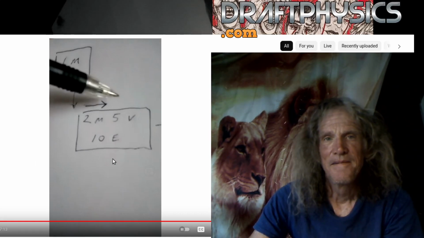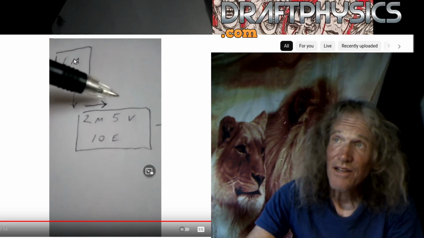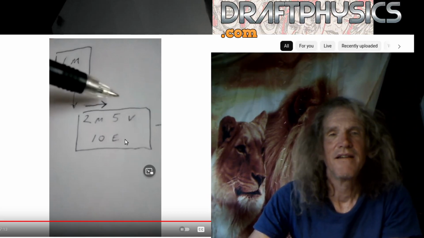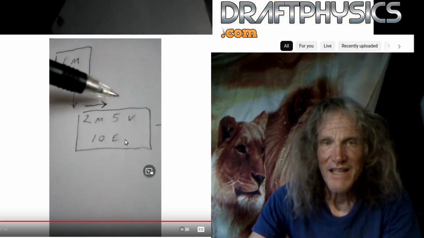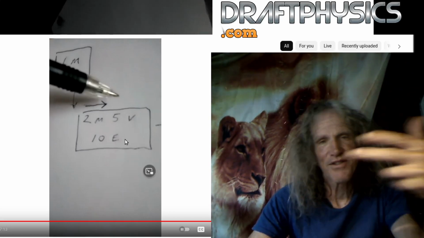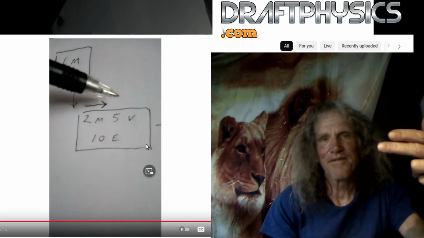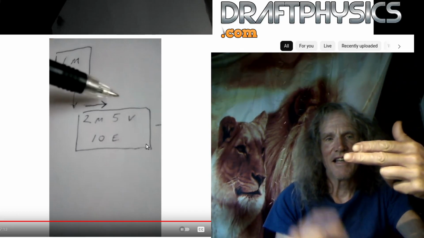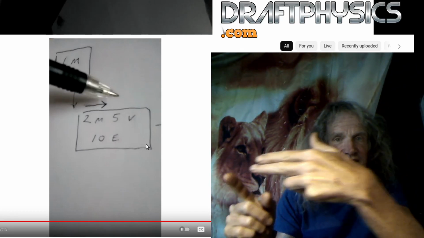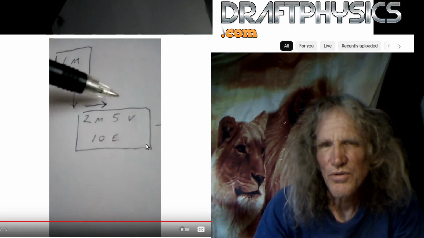Everything we did to accelerate the other mass is still in the object you're measuring. The energy is still going in the same direction. How can I lose it if it's going in the same direction? I have energy. I give it to another object, but it's going in the same direction. How can I lose the energy?